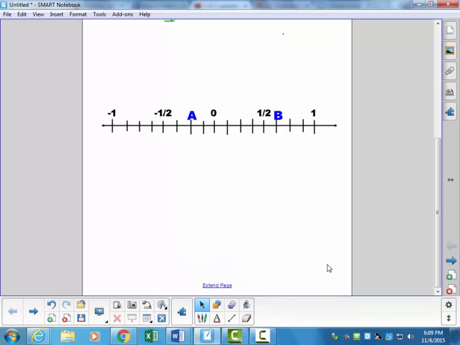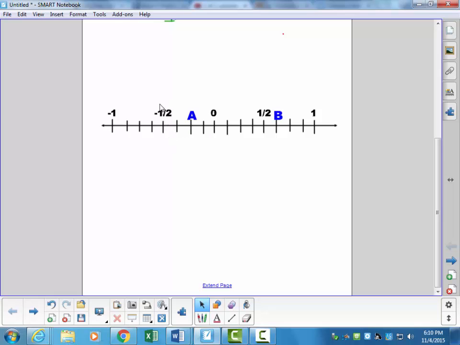Okay, this time let's use some fractions. All right, we have 0, we have 1/2, and we have 1. And we have 0, and we have -1/2, and we have -1. All right, so we're going to figure out what A is first. Now, like we said before, we've got to figure out how many of these are between 0 and 1.